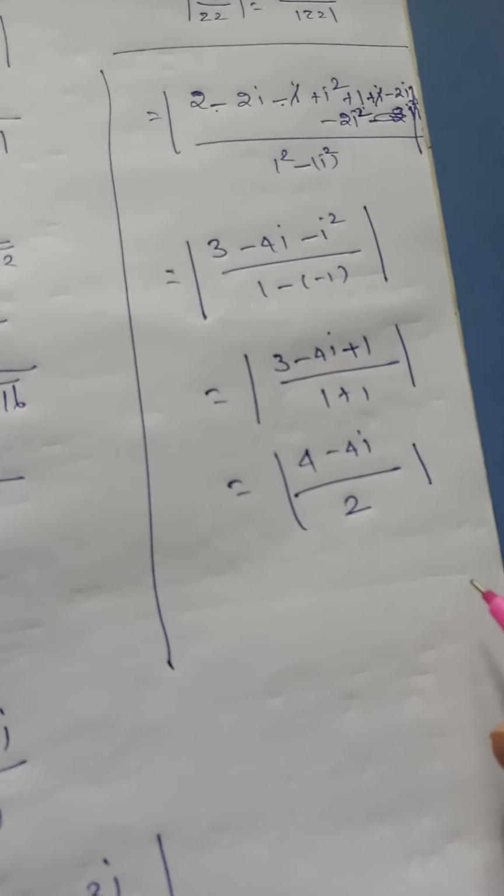Next, 3 plus 1 is 4, minus 4i, divided by 2, the modulus.